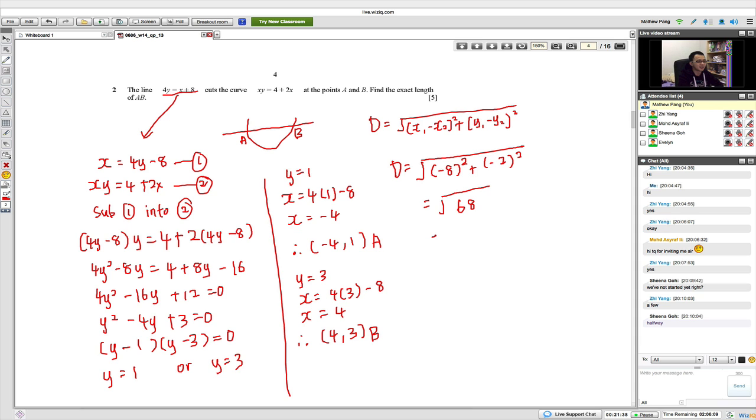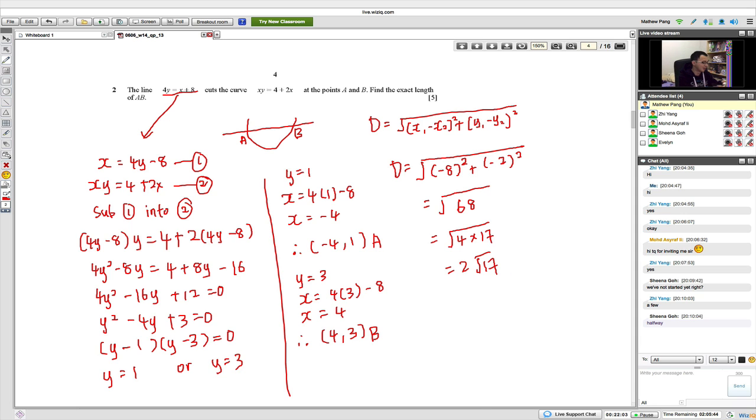Okay, 68. Can you divide by 4? Yeah, I can divide by 4, right? I think it's 4 multiplied by 17, isn't it? So it's 2 square root 17. I think so. Let's try it out. Square root 68. Yeah, 2 square root 17.